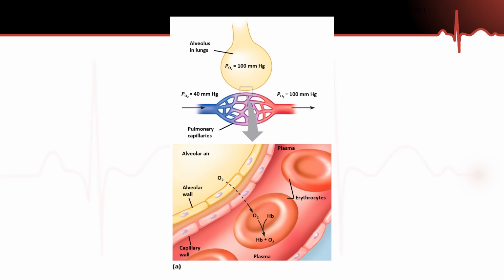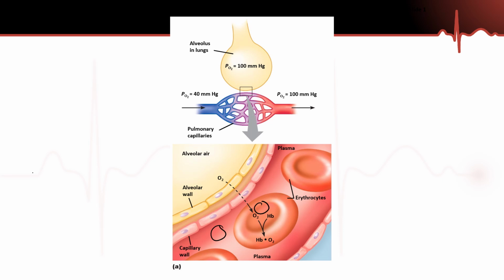For those of you that maybe had that question, which was, how can one red blood cell gain so much oxygen, 250 million oxygen molecules, when there's so little oxygen within the blood plasma and within the intracellular fluid of the red blood cell? I hope that this answered that question.